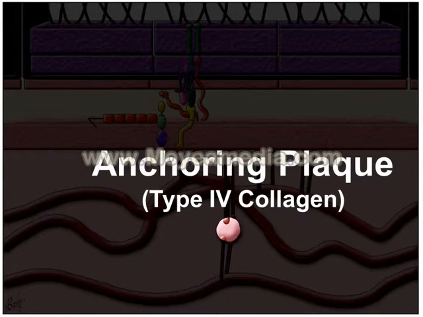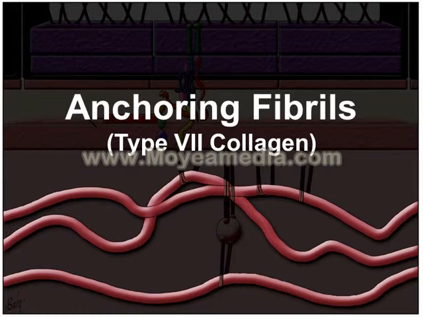The anchoring plaque includes type 4 collagen. And then the anchoring fibrils, which are type 7 collagen. Type 7 collagen is the key antigen for both EBA and lupus.